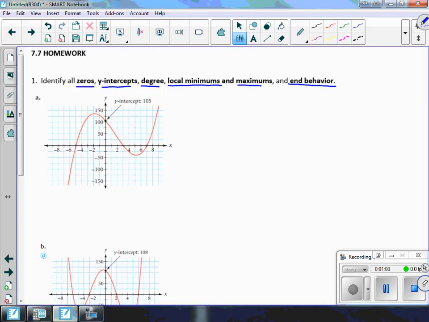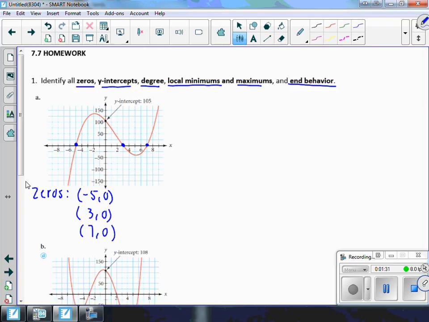So 1A, zeros. That should be pretty easy to identify. Our zeros are any place where the graph hits the x-axis, and we have a total of 3 zeros. We have a zero at -5, 0, a zero at 3, 0, and a zero at 7, 0. Those are my 3 zeros.